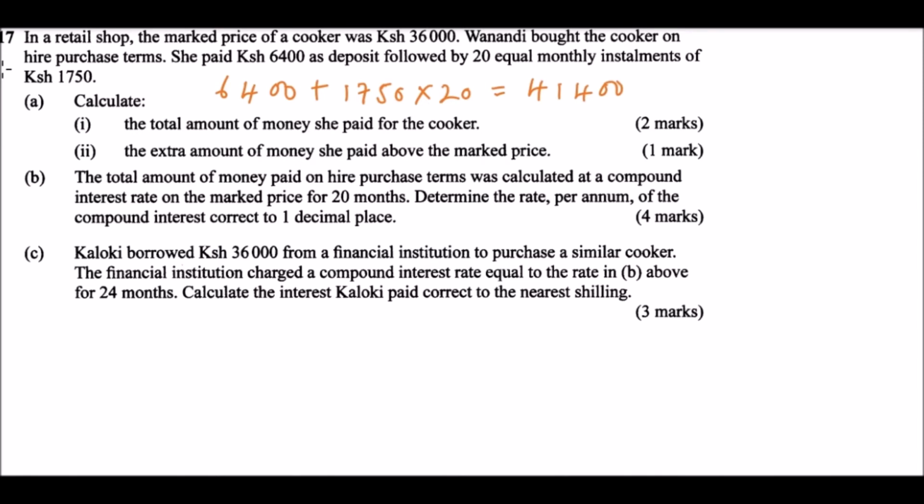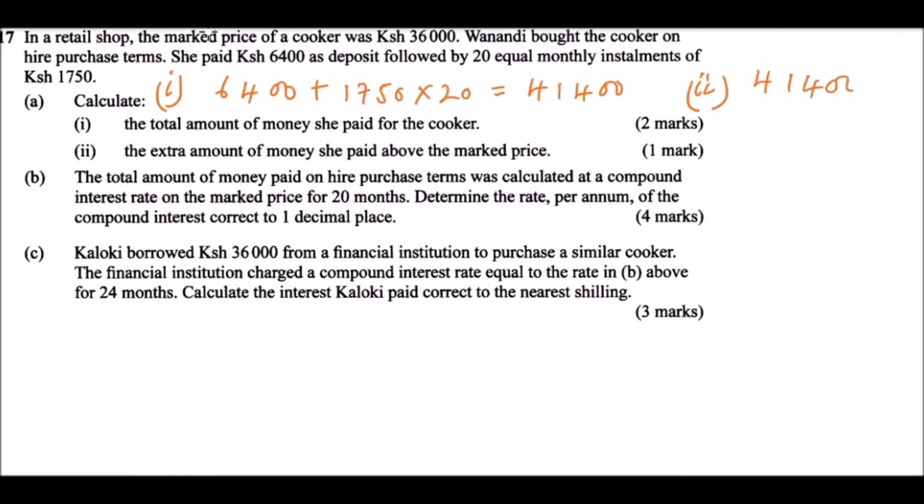Roman number 2, you'll find the extra amount of money she paid above the marked price. So this is Roman number 2, and this is Roman number 1. The marked price was 36,000, and she paid 41,400.